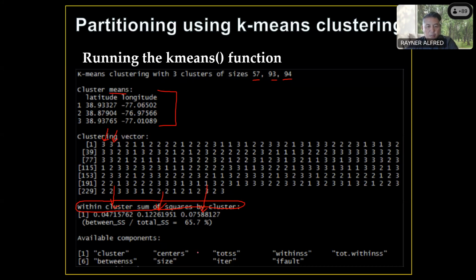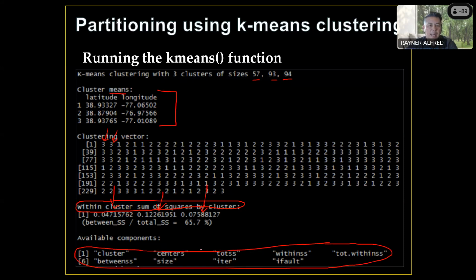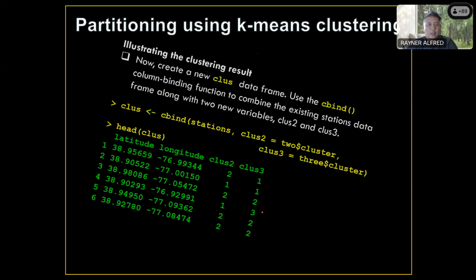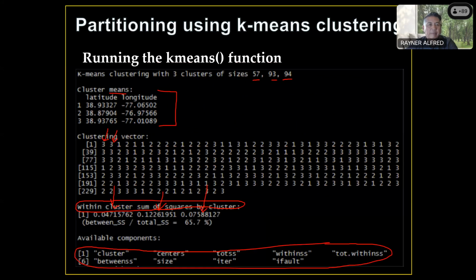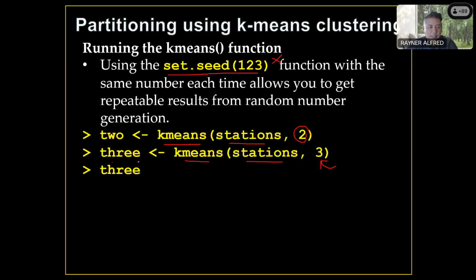So we have all these values. If you want to find the cluster IDs, you just put the dollar sign and the name. Since this value only stores the cluster ID, which is different from station, what we want to do is combine your data and the cluster ID.